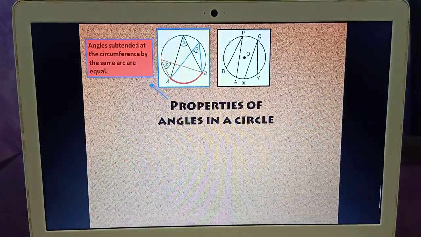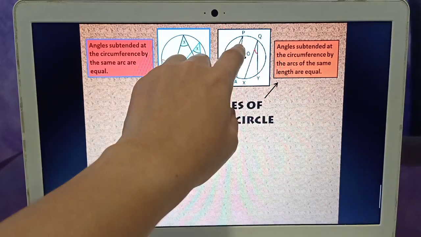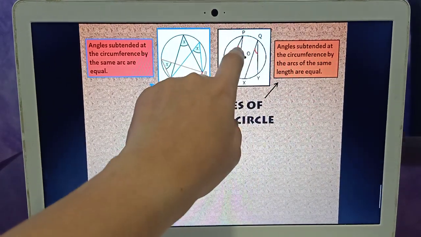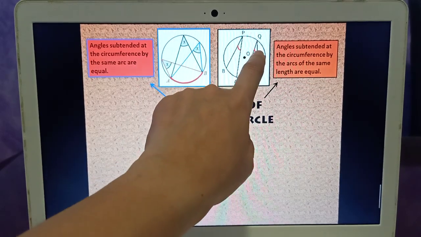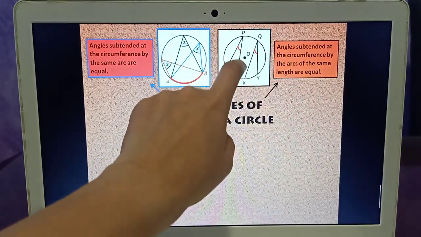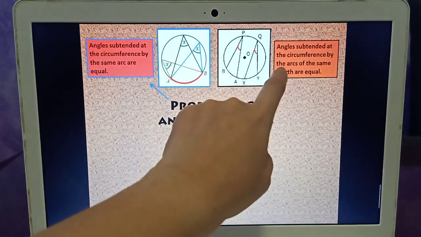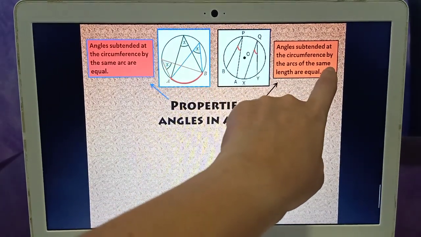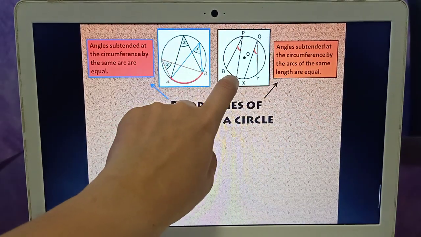Next, how about this one? Angles subtended at the circumference. Again, look at these two angles. These are angles subtended at the circumference, because they are drawn by two chords and meet at a point on the circumference, by arcs of the same length. This angle is subtended by arc AB.